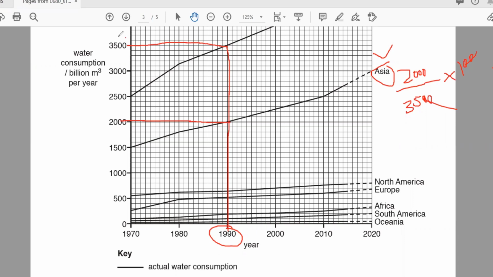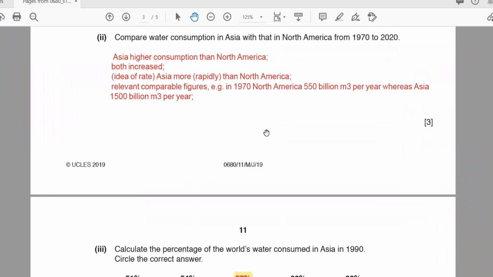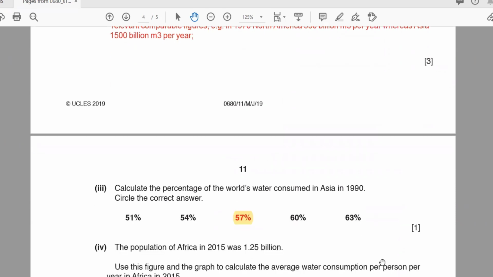Here you said that the total consumption of the world is 3,500, because you're talking about 1990. This line is for the world, the others are for continents. So we found the total, that is 3,500, and from this total, 2,000 is used by Asia. So you calculate it, and that will be 57 point something. This is the nearest answer. Got it? Yes.